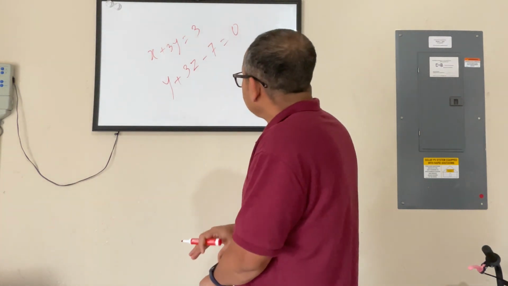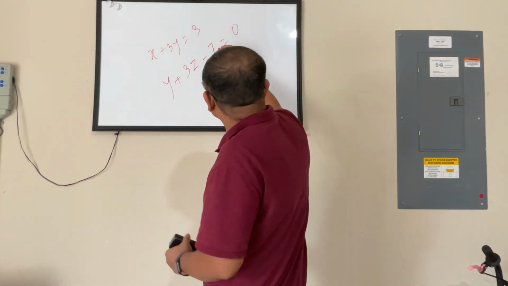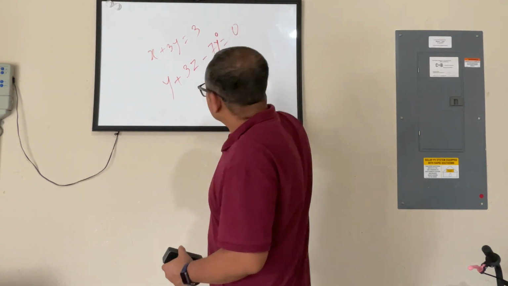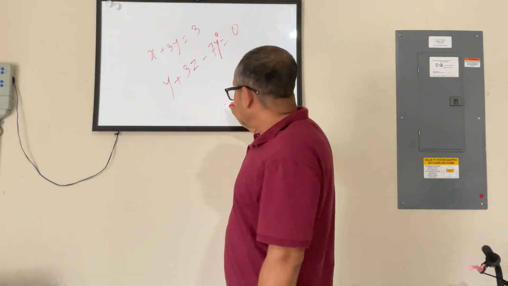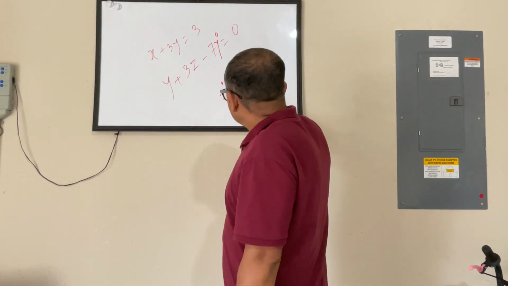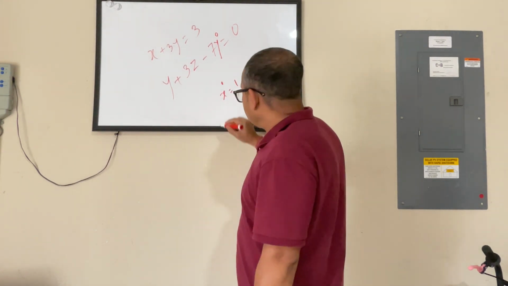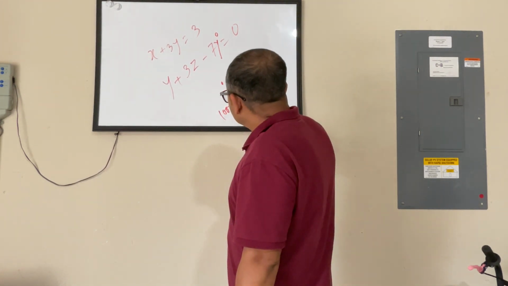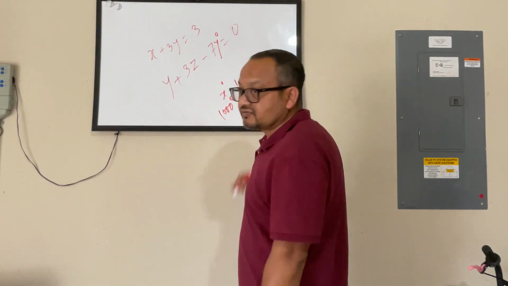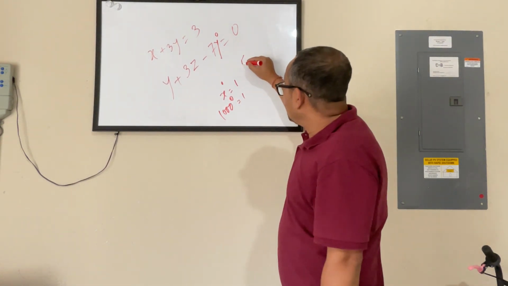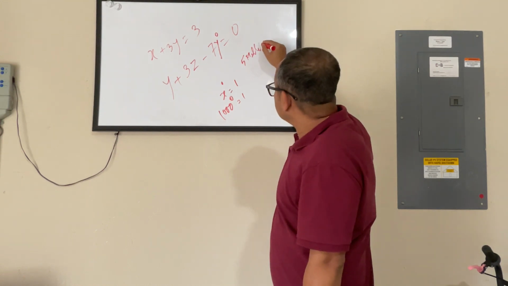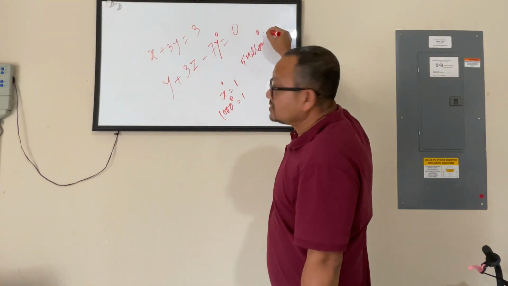I can always say this as 7y to the power 0. Anything to the power 0 equals 1. 5 million to the power 0 is 1.